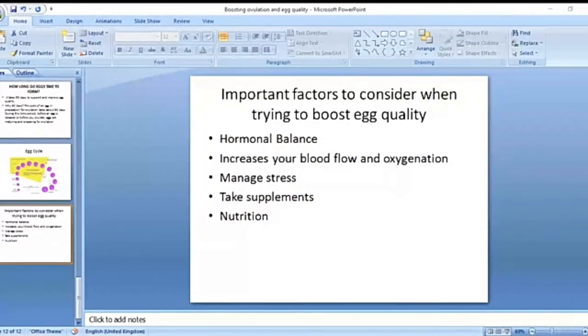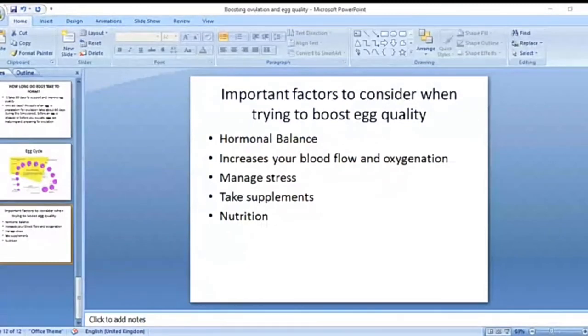Your FSH, your LH, your prolactin. This helps to balance our hormones.